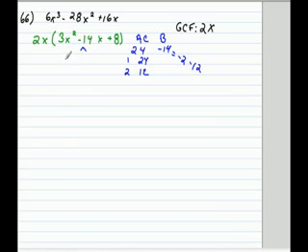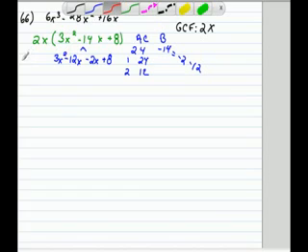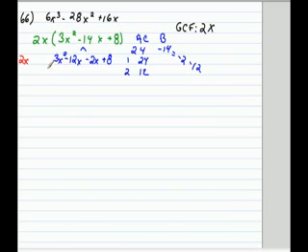So I have negative 12x and a minus 2x plus 8 and 3x squared. And I'm going to just keep that 2x hanging around out front.